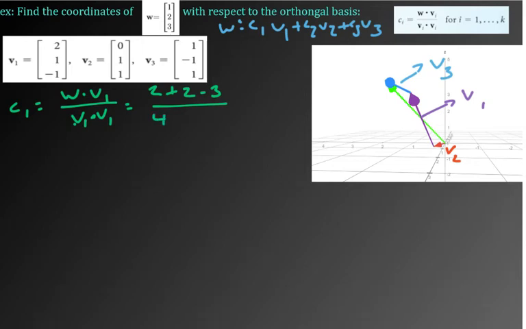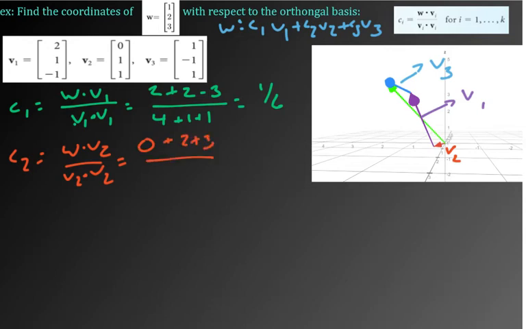If you do that, you get a 6, I think. Then C2 would be W dot V2 over V2 dot V2, which is 0 plus 2 plus 3 over 0 plus 1 plus 1, which is 5 halves.